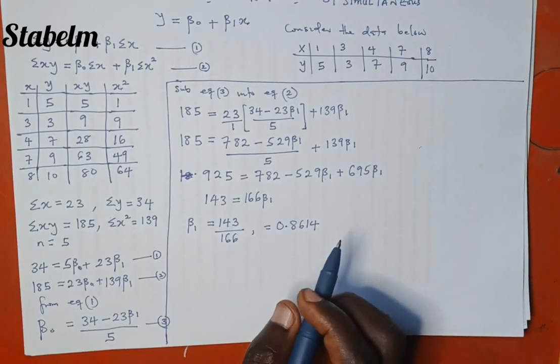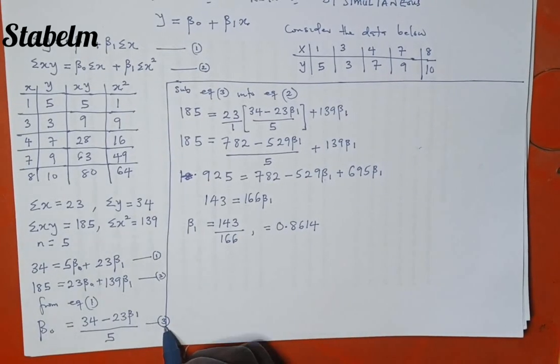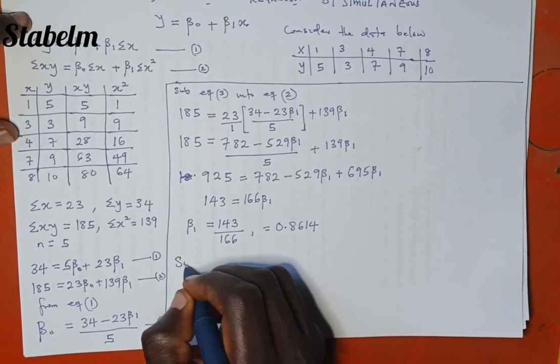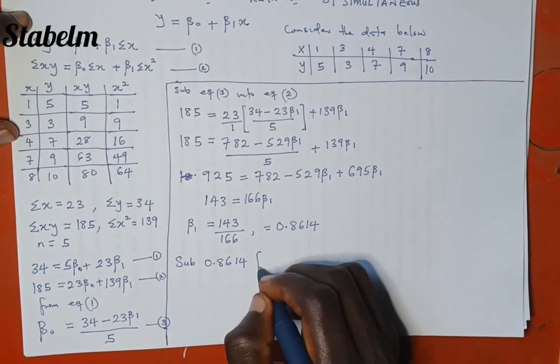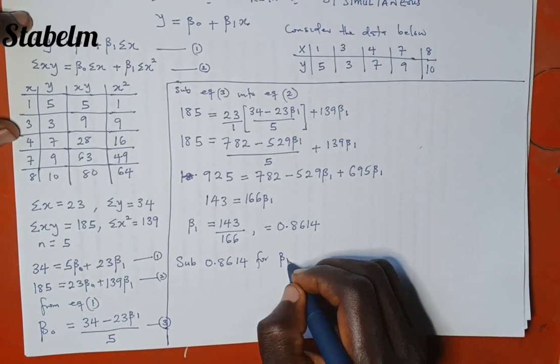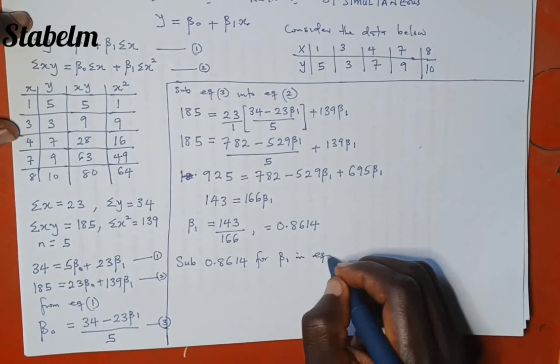Now we can come back to equation 3. We substitute 0.8614 for beta 1 in equation 3.